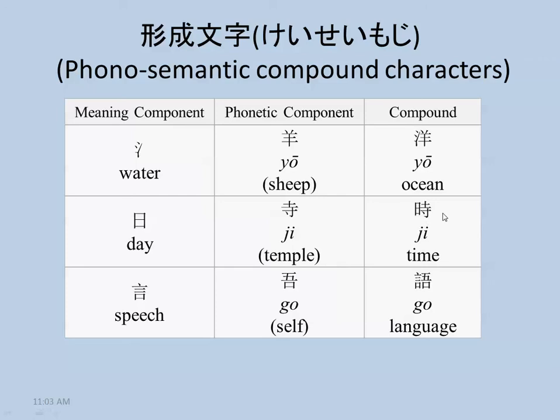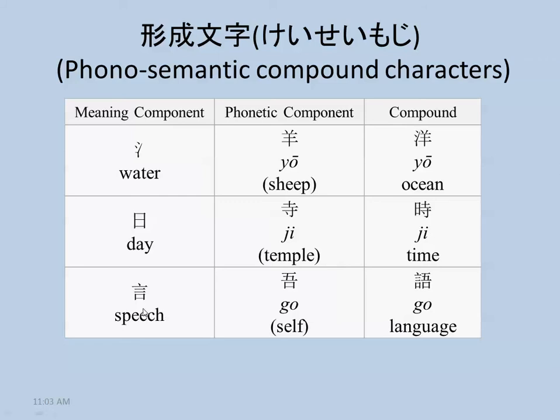Of course it can be read toki, but that's a kunyomi. Its onyomi is ji. So in this character, just like the one above, the left-hand side hints at what it could mean. Certainly doesn't tell us, but it hints. And the right-hand side tells us how it's read, or at least hints at how it's read.